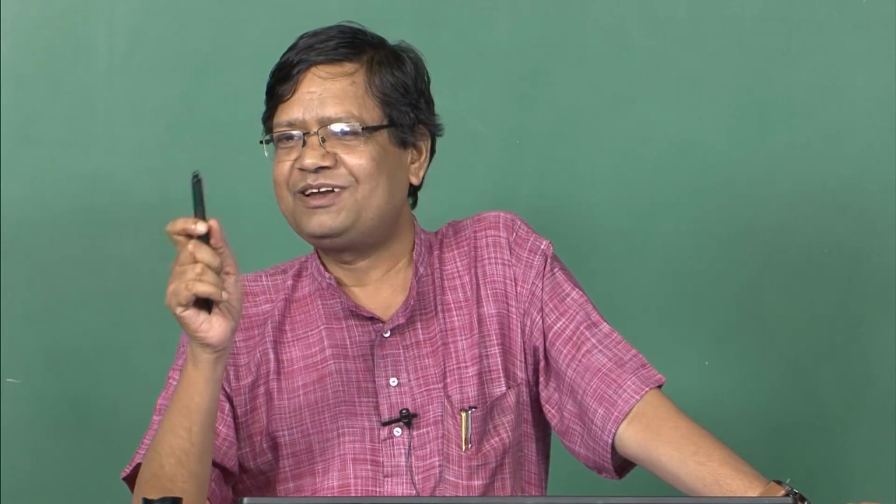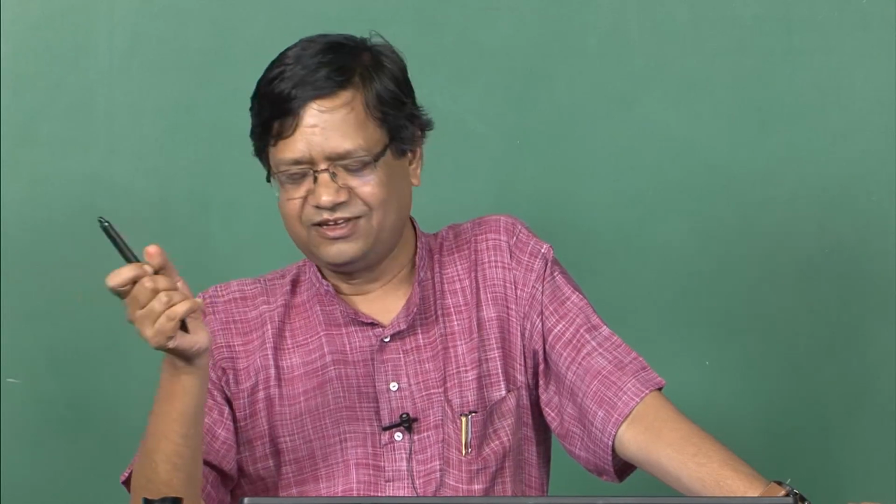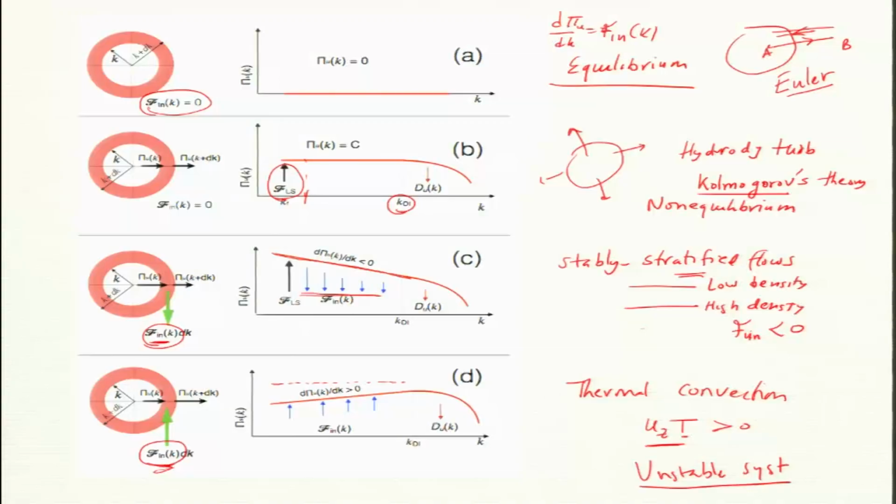Whatever I get, I must pass on to a smaller scale. But the question is, why is energy more for a given scale than another? Here you will find typically the energy is larger at K1 compared to energy at K2, when K2 is larger. Why is it so? Because there are more modes here.